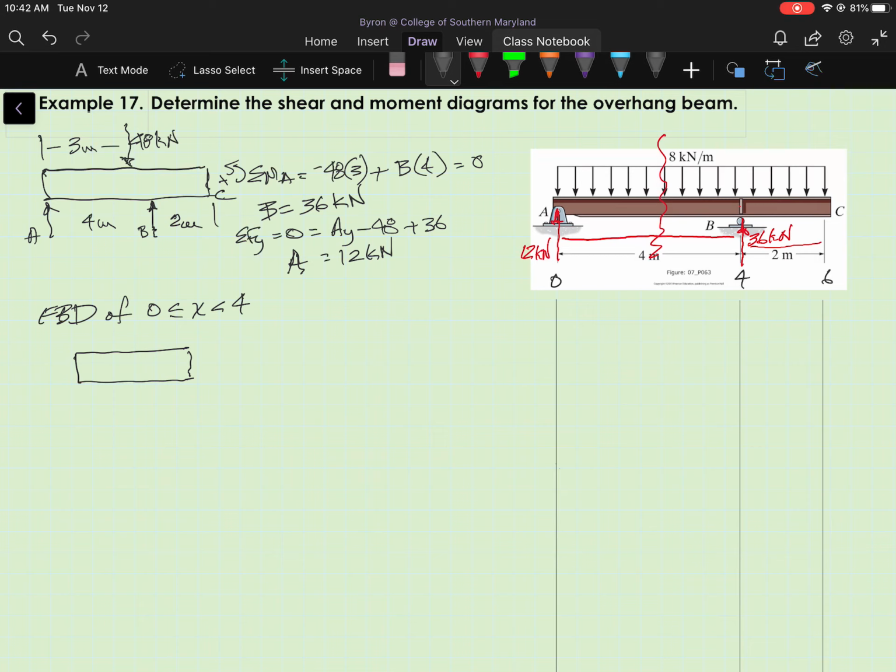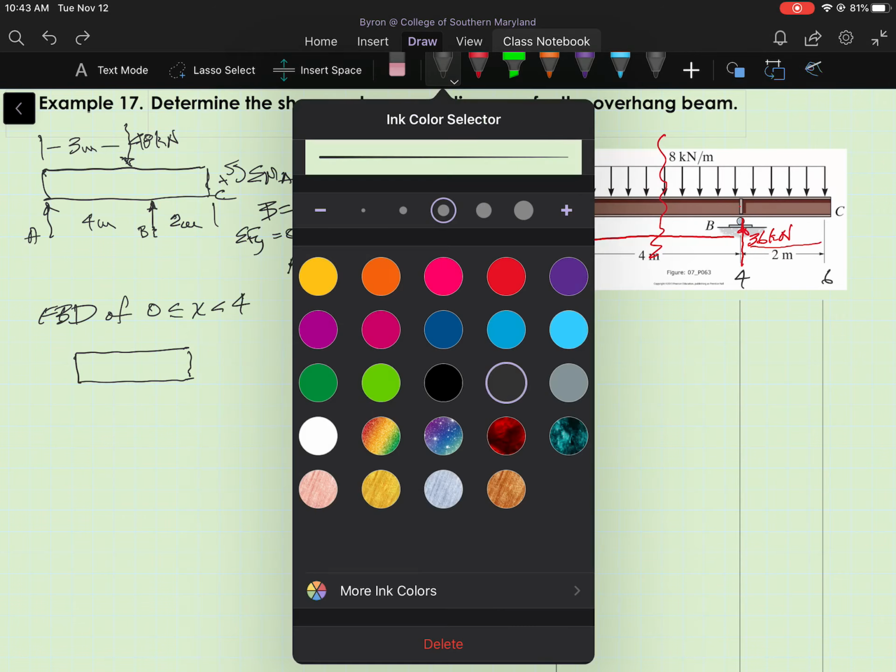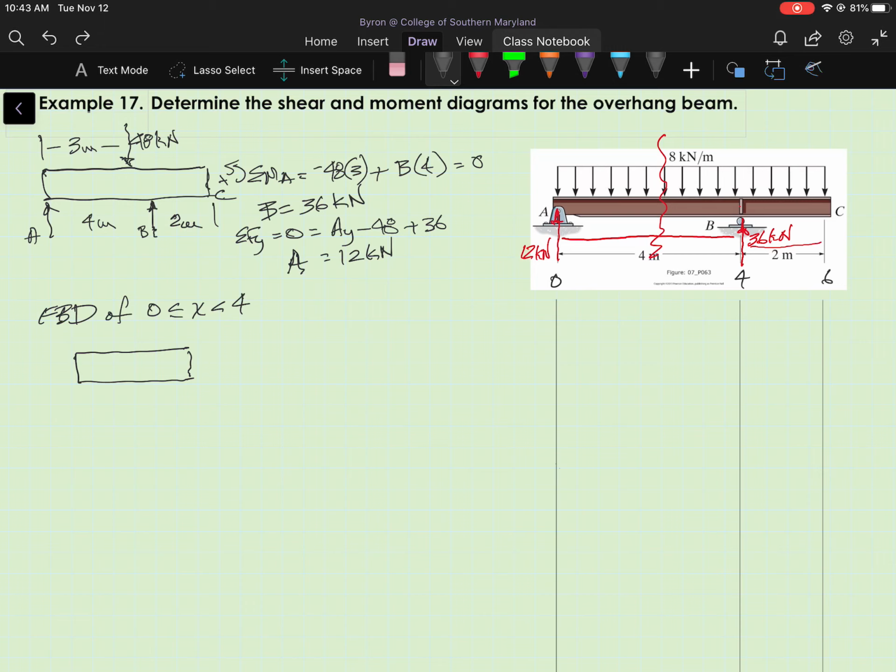Okay, at the cut, I'm going to show shear force. Let me draw that better. Going to show the shear force acting downward, as I'm always going to do when I'm working from the left end of the beam, and show the moment acting counterclockwise.